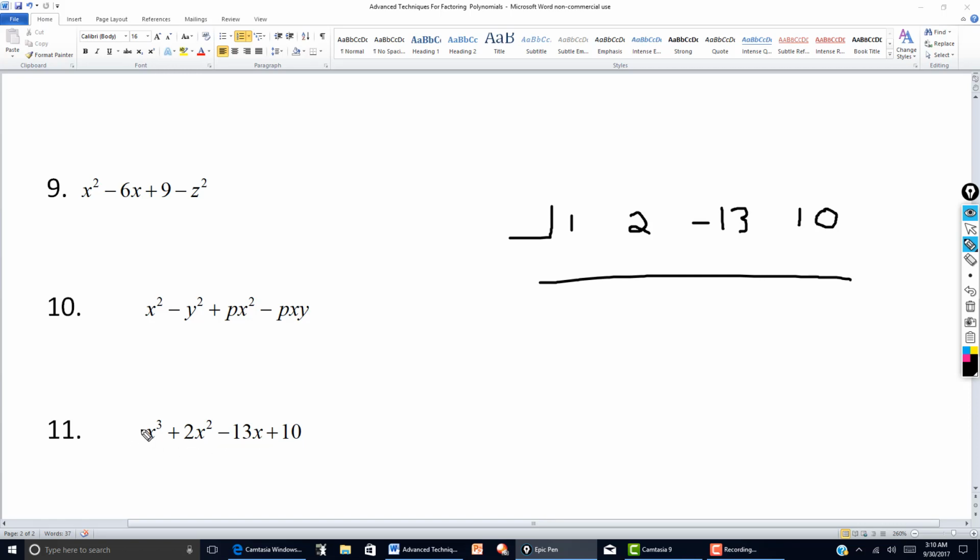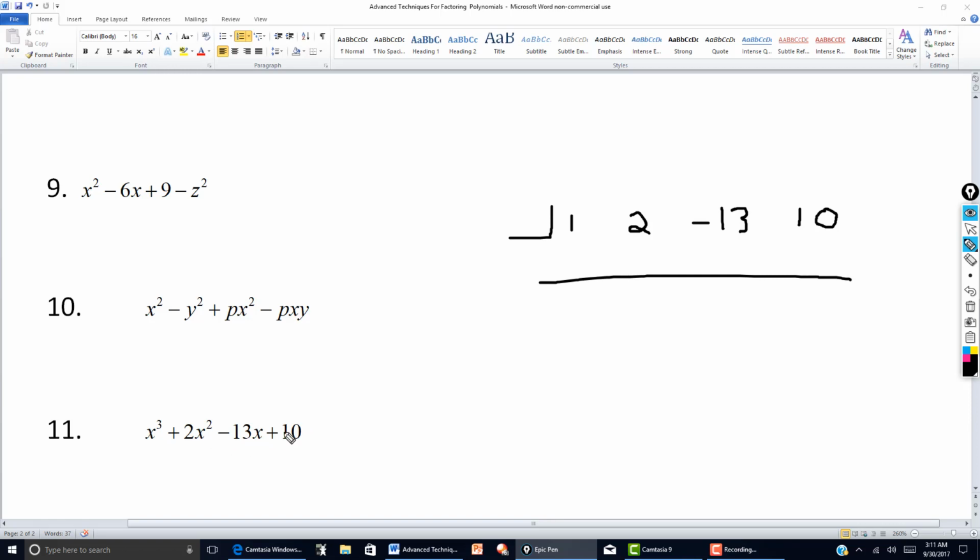Again, if you have a polynomial in descending powers and the coefficient of the lead term, in this case x to the third, is a 1 or a minus 1, then the possible rational zeros of this polynomial are factors of the constant term here, 10.